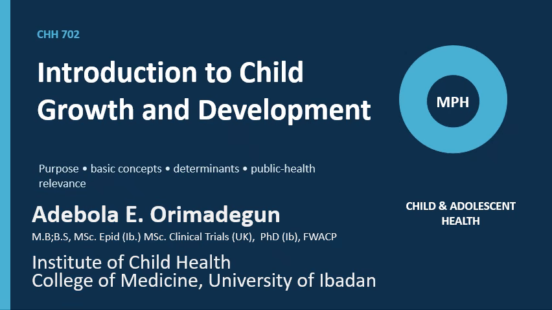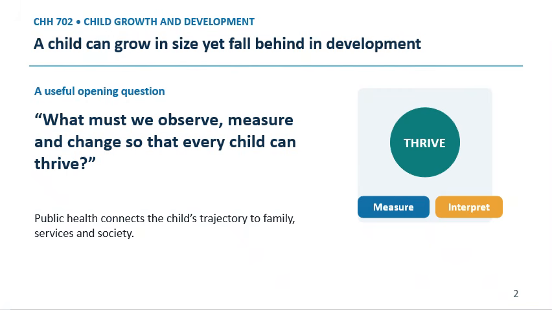By the end of this lecture, I want you to be able to recognize what should be measured, what should be observed, what may signal concern, and where public health actions can change a child's trajectory. The purpose is not simply to memorize age-linked facts. It is to understand how to help children survive, and how to help them develop and thrive in any environment.